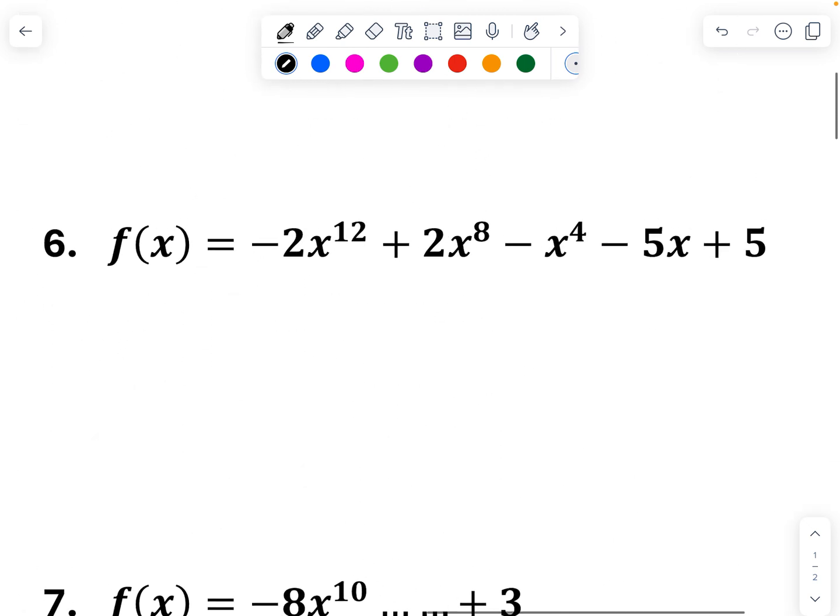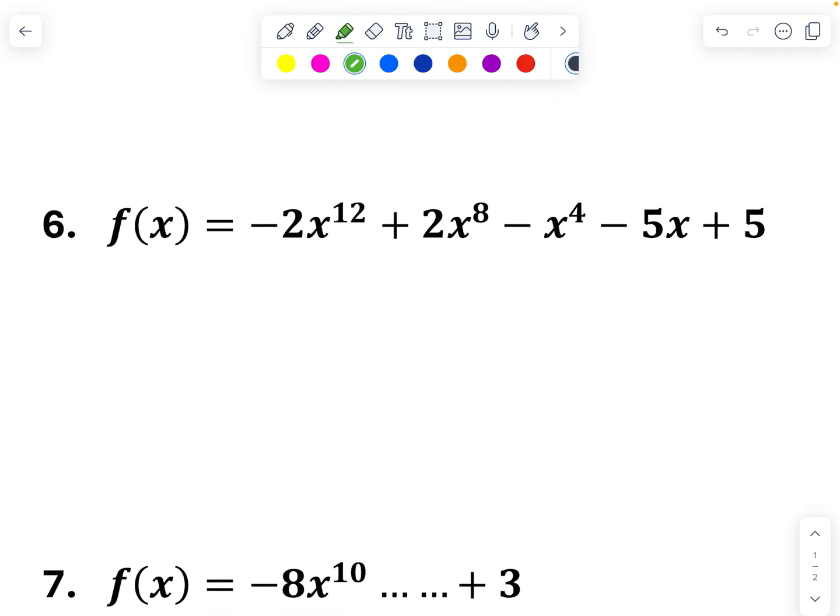Okay. Question 6. I am only interested in the power of the lead and the sign of the lead. The power of the lead is even. If the power of the lead is even, that means the ends are going to be going in the same direction. If the sign in front is negative, that means they're going to be going down.